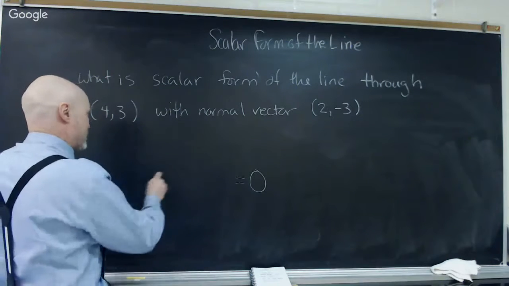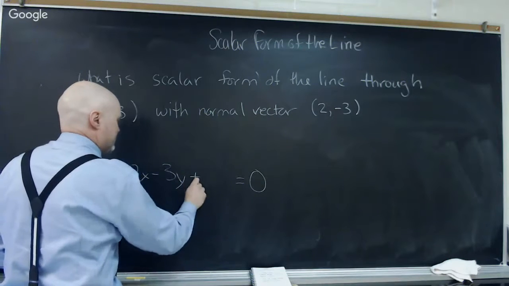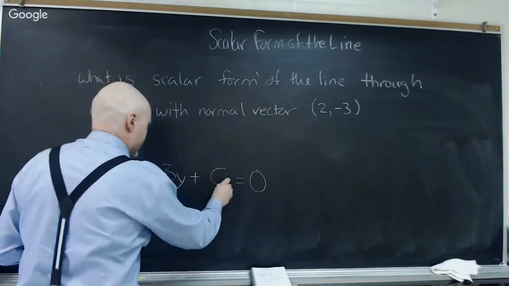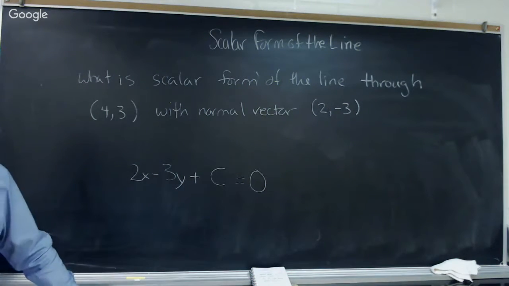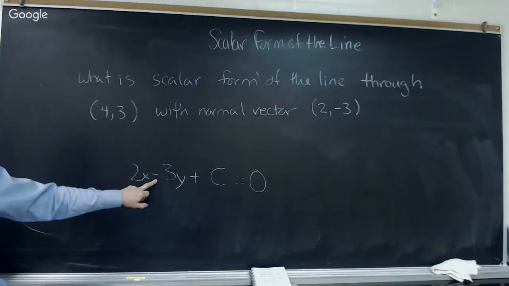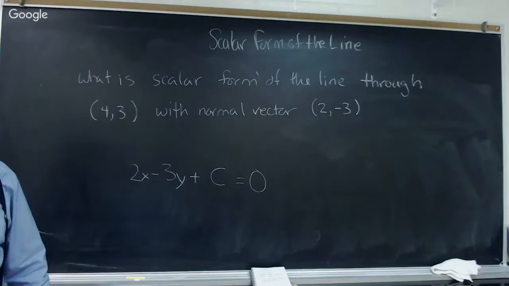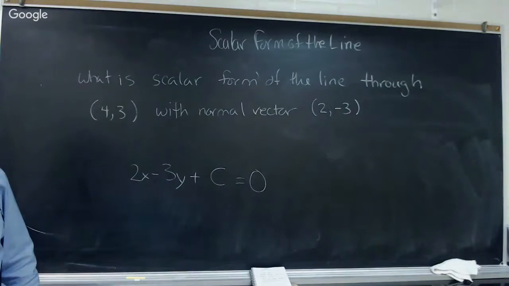Yes. And so this is going to be 2x minus 3y plus, and I don't know C. Is it plus or minus 3? Oh yeah, sorry. I said plus, but my right hand did minus, so I think we're okay. Did I get it right? All right. Jeff, you're looking doubtful.